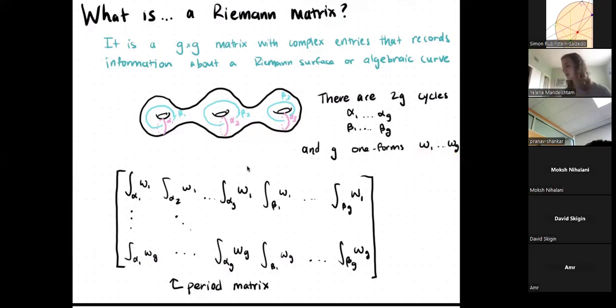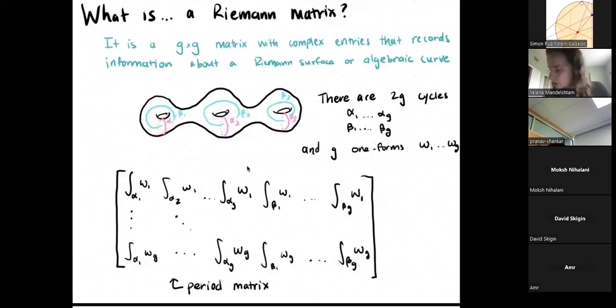If you've seen integrals before, you may have seen integration from some number to some other number, but you're really just doing integration along a path. When you integrate from 0 to 100, you're integrating along a path on the real numbers from 0 to 100. But you could also integrate along a path on your Riemann surface.